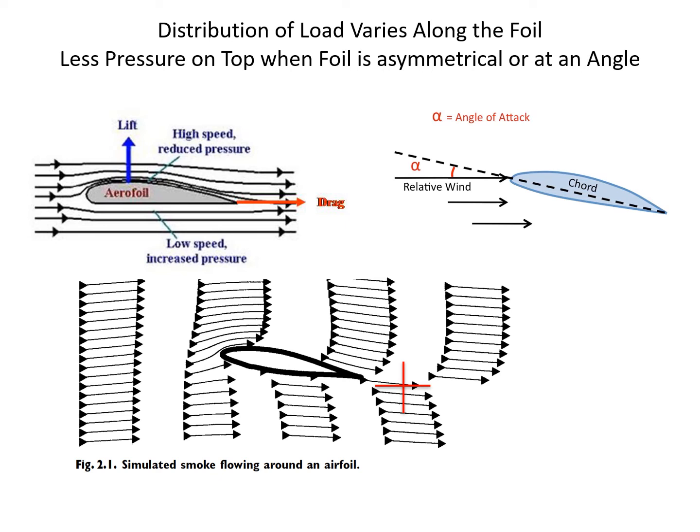It's literally pushing some of that air down, and that means that the foil is being pushed up when that happens. And because the flow is moving at different speeds on the top and the bottom, that also induces a vortex. When the fluid particles come back together, they're twisted now, and so you get a trailing edge vortex.